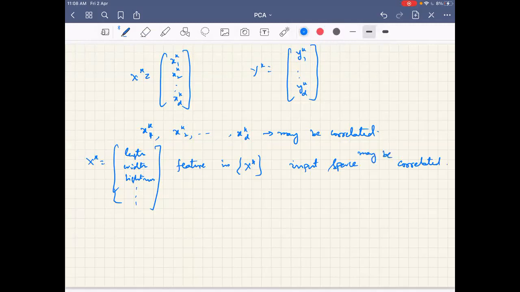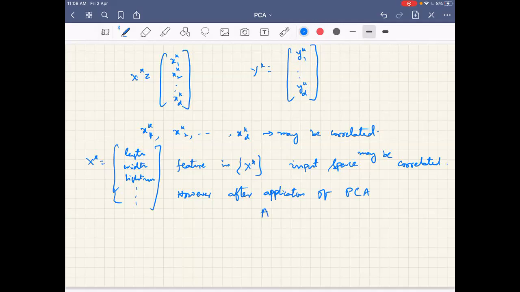However, what will happen after application of PCA, using the eigenvalues and eigenvectors of the scatter matrix?